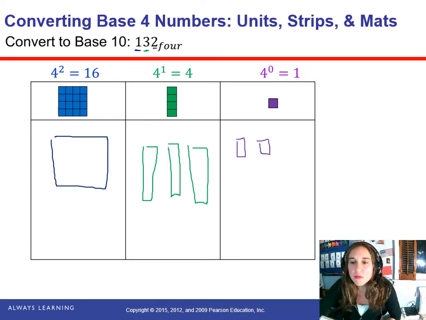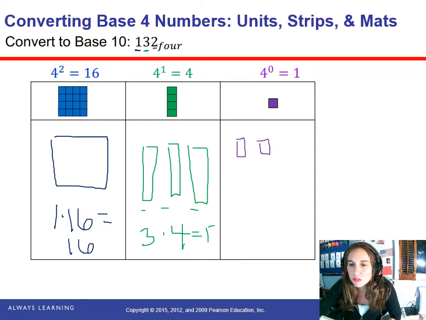And then I can go through and do the same thing. If I look in each place value, I see I have 1 of these, so that means I have 1 times a value of 16, which gives me 16. And then if I move over, I see that I have 1, 2, 3 of these, so that's 3 times the value of 4, which is 12.